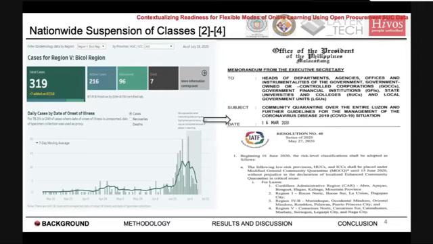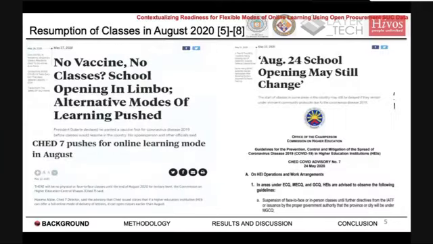After 2 to 3 months, basic services were allowed to operate in a skeletal setting. However, face-to-face classes in schools still remained suspended, which practically ruined the usual implementation of the school calendar. So now, in order to continue education safely, it is suggested by many authorities in higher education that face-to-face classes be shifted to online modes of learning.